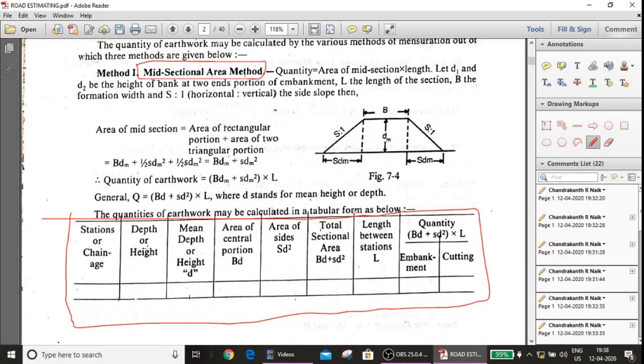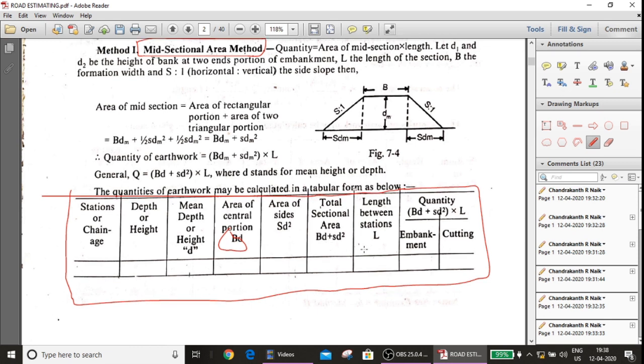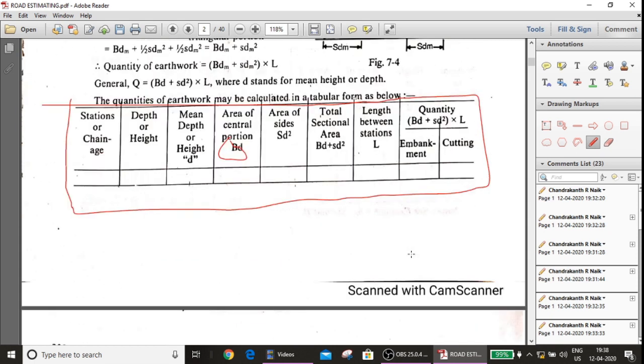So mean depth, we calculate the average from station 1 to station 2. Then the area of the center portion, we know the B formation value, and D we will get from this column. So B into D, and S into D square. S is the slope, D square is the depth, or height, or depth of cutting. Okay. So total sectional area, length between the stations, and quantity, either it is embankment or it is cutting. For a clear picture, when we solve the problem, we will get to know that.